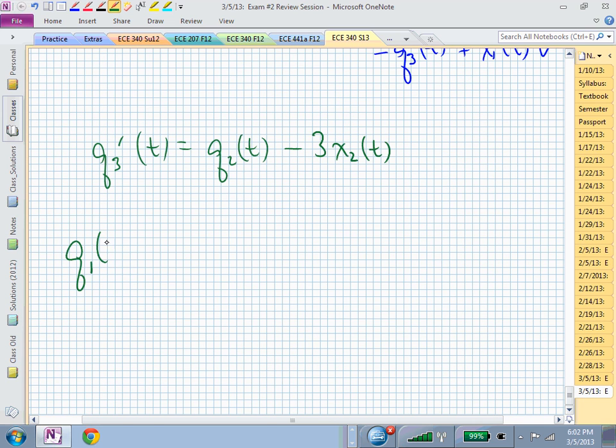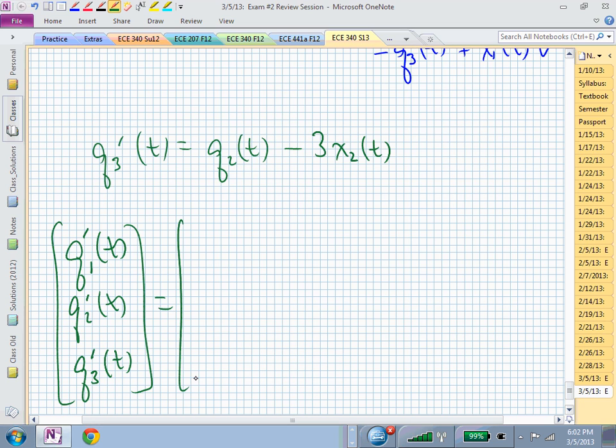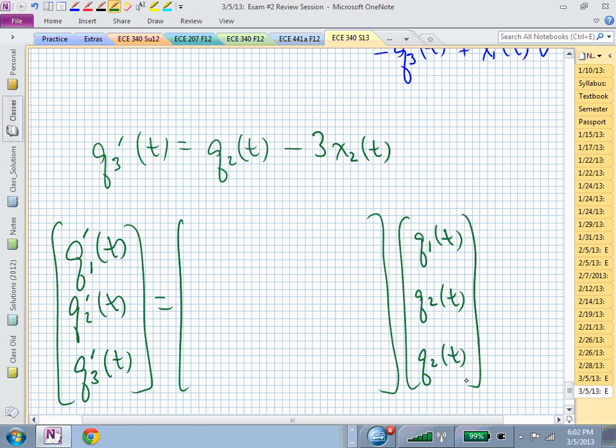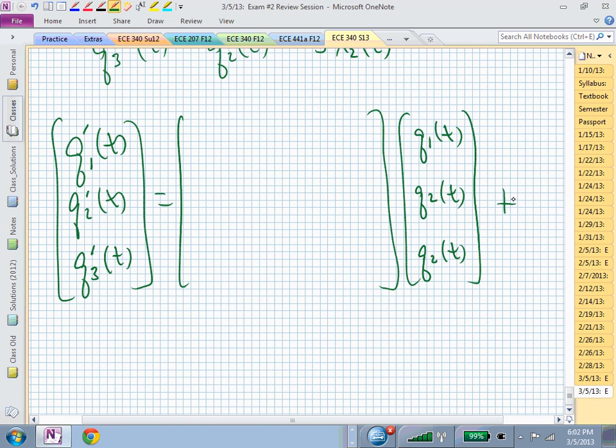We can say Q1 prime, Q sub 2 prime, Q sub 3 prime is equal to, and then I'm going to have a plus a B matrix times the input vector.